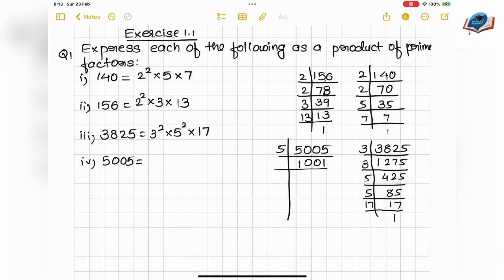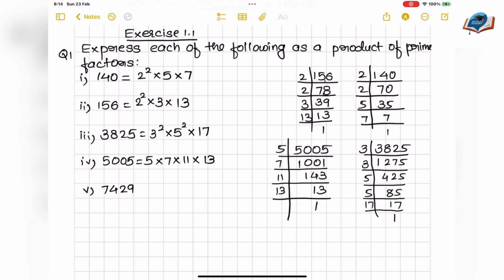So 1001. Now it won't go with 5, so let us try with 7. 7 ones are 7, 7 elevens are 77, 7 thirteens are 91, so 143. Now 11 and 13 will be there. So I can write 5 into 7 into 11 into 13.